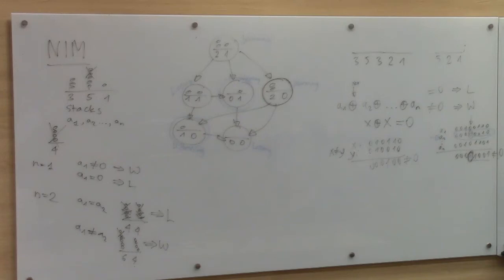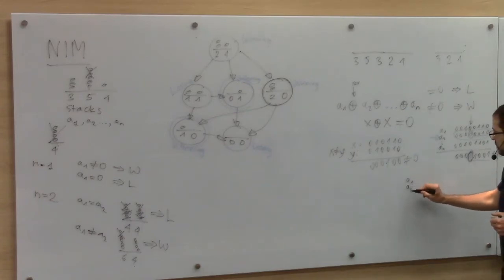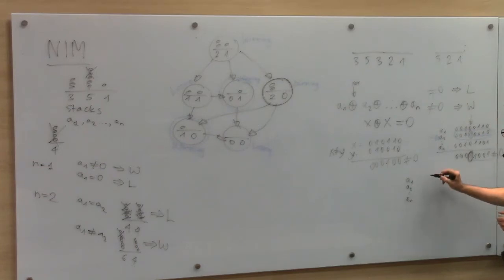Again, this can be shown using these bits, because if we have some XOR which is 0, maybe this is something like this.